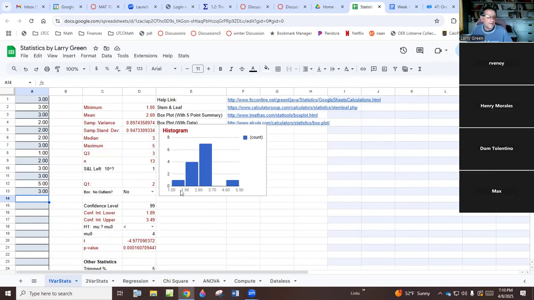We can see one person was between 1 and 1.9, which is 1. Then we had 4 people between 1.9 and 2.8, which is really 2. Then 7 people between 2.8 and 3.7, which is 3s. And 1 person between 4.6 and 5.5, which means a 5 in this case. Any questions on reading the histogram?